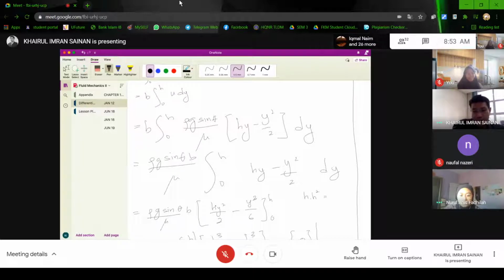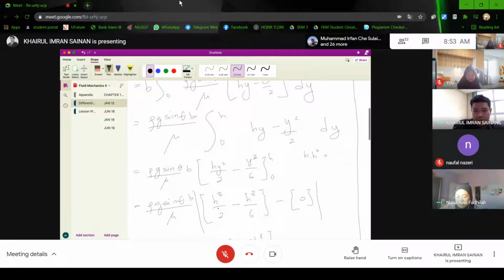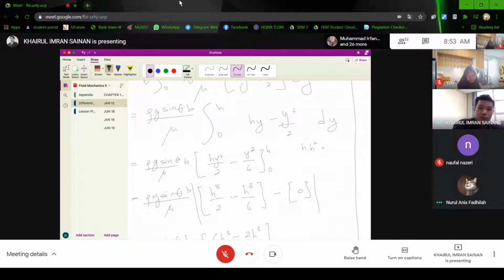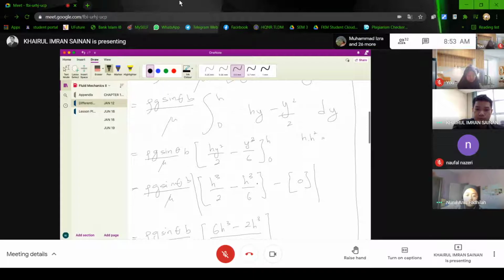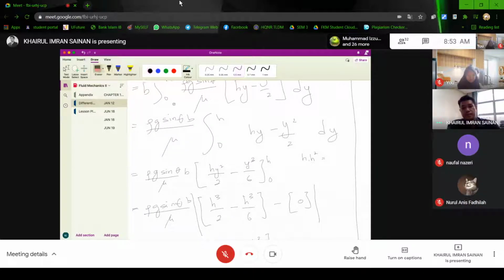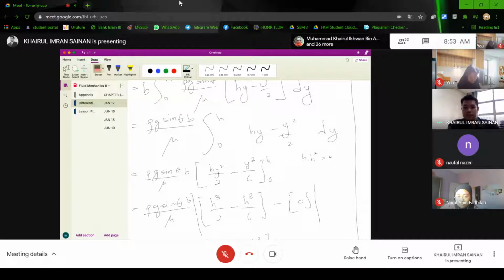Very good. So it's going to become h cubed divided by 2 minus h cubed divided by 6. And then after you solve for h minus 0, because for 0 you just put 0, solve for this one. I mean, simplify this one.